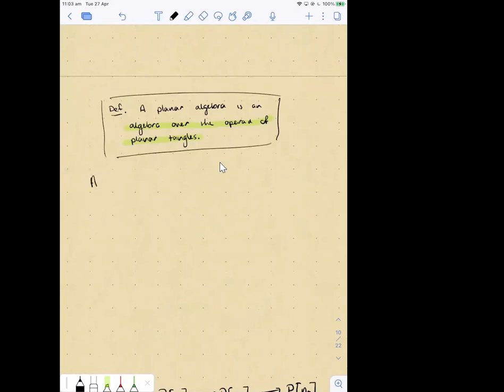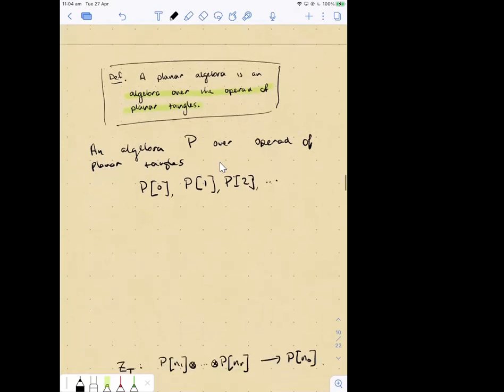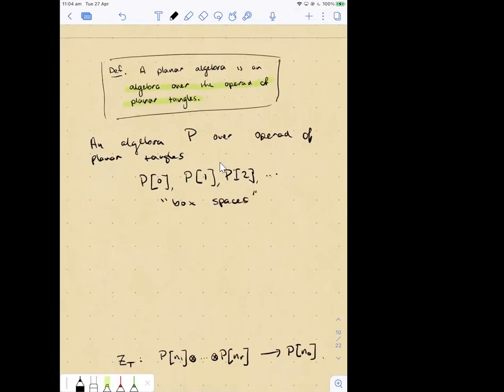An algebra P over our operad of planar tangles is given by a series of vector spaces, which we call P0, P1, P2, etc., a set of vector spaces which we index by positive integers. We call these box spaces, which is coupled together with what we call an action by planar tangles.